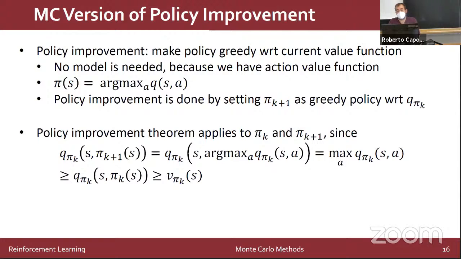Now we compute the value of our random policy, and if we take the best action according to this value, it will be certainly better than a random action, right? So this is the initial step. We're following a policy which is definitely better now than a random action, because it's computed based on some value.